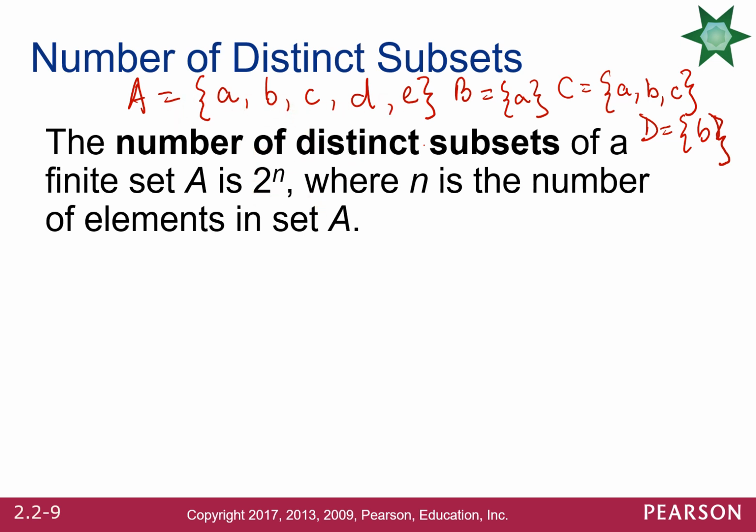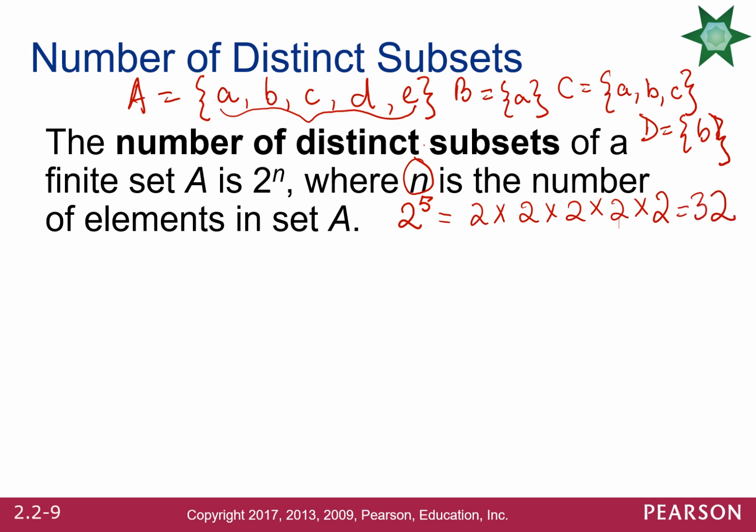So the number of possible subsets we can get is 2 to the power 5, where n represents the cardinal number of the original set A. So 2 to the power 5 would be 2 times 2 times 2 times 2 times 2. So 4 times 2, 8 times 2, 16 times 2, 32 unique sets can be obtained from the set which has size 5, a cardinal of 5.